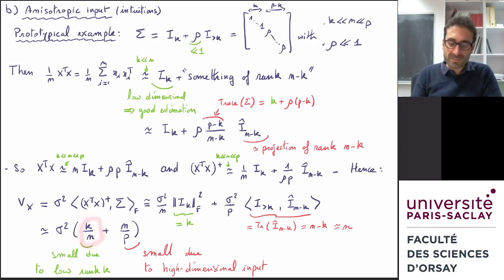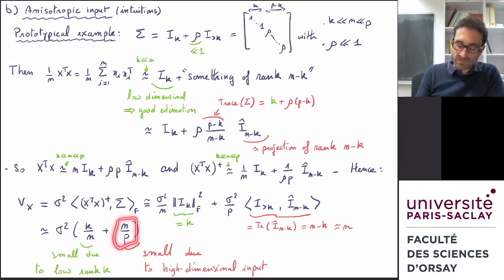But then there is this additional term, which corresponds to the high dimensional part with low signal. And this term, exactly as before, will be like n over p, at least when k is small compared to n, compared to p. And this is exactly the same phenomenon as we have seen before, and this is small due to the high dimension of the input.